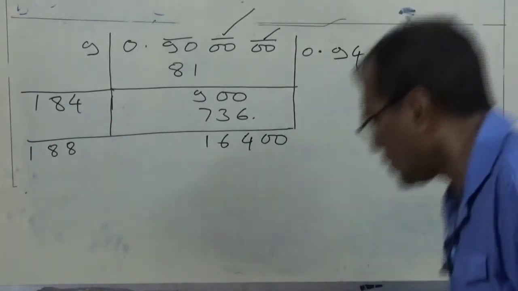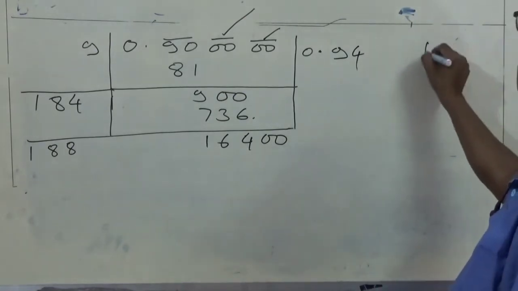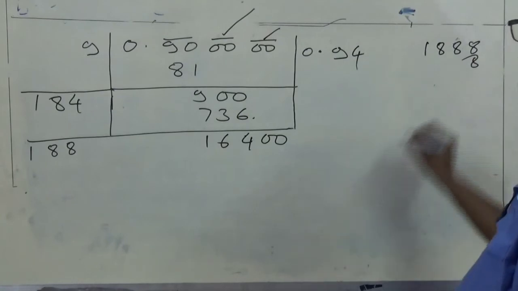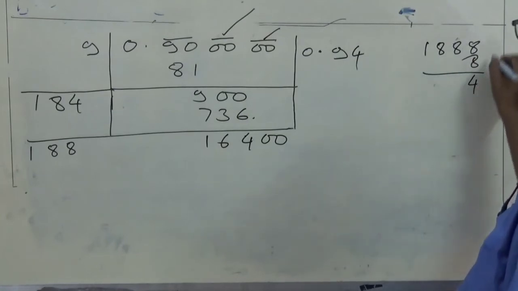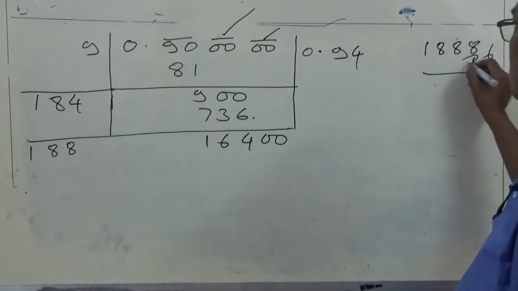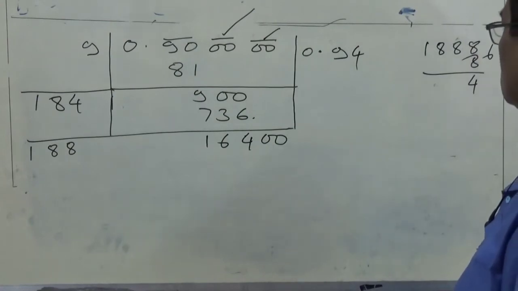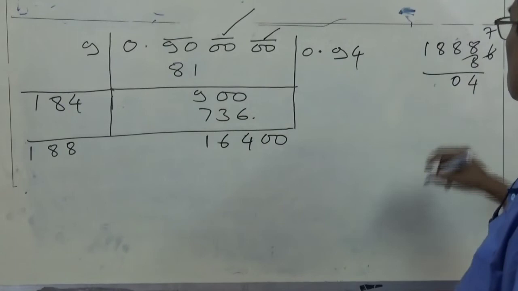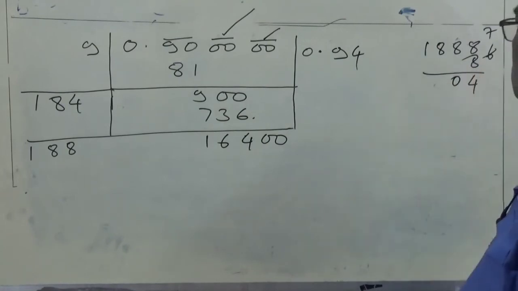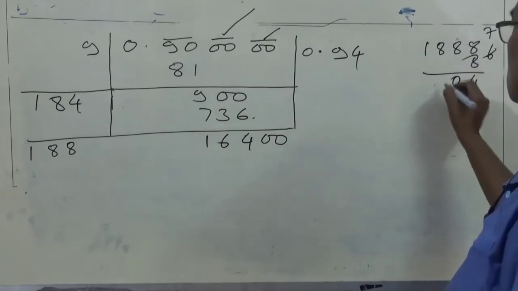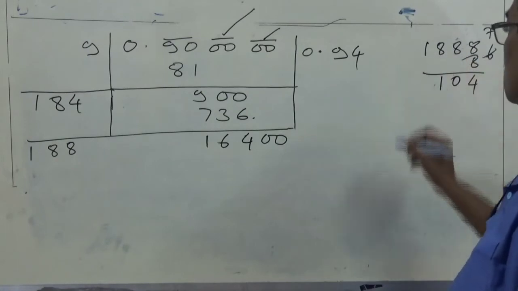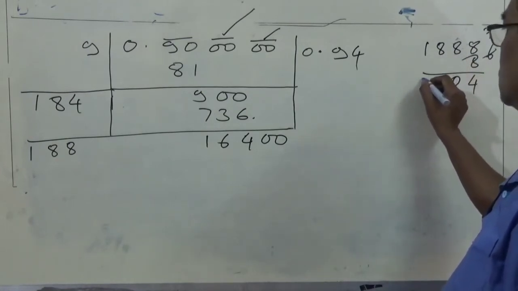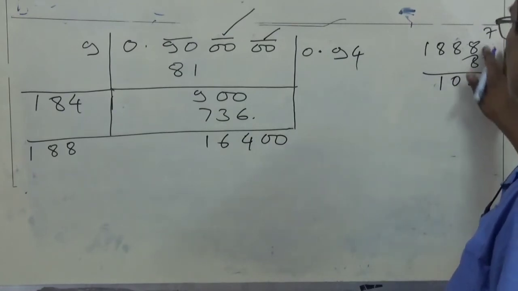Say suppose it is 8. 1, 8, 8, 8, 8. 8 8s are 64, carries 6. Just a minute, I am making some mistakes here.